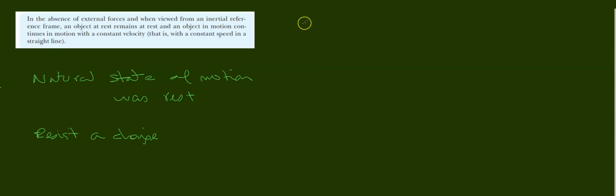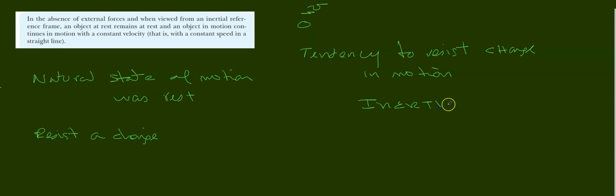Similarly, if the object is already moving with constant velocity, it will move forever at that velocity unless a force is applied to change it. That tendency to resist a change in motion, we call it inertia. And for that reason, the first law of Newton sometimes is called the law of inertia.